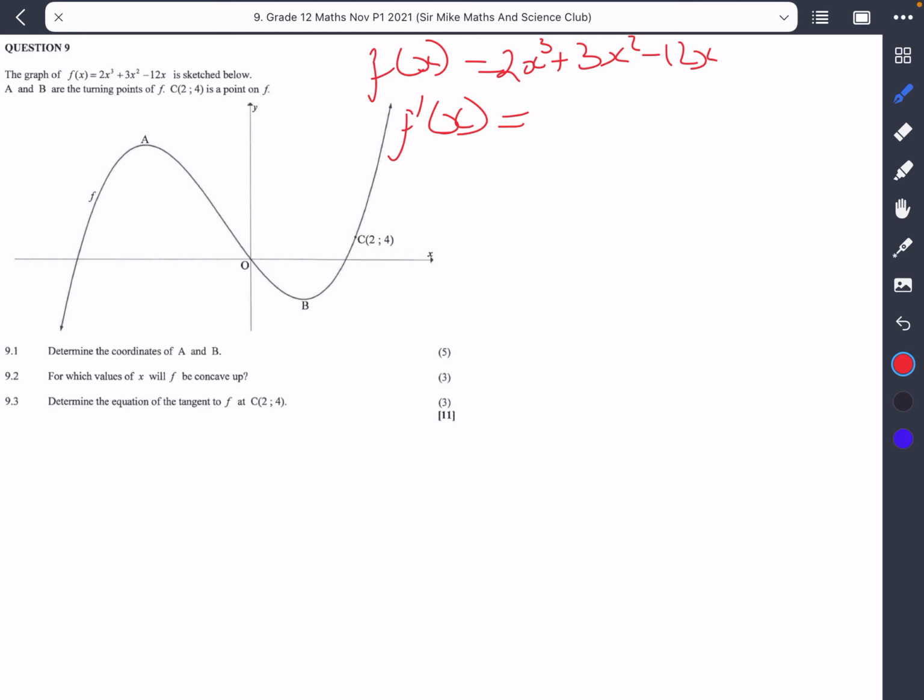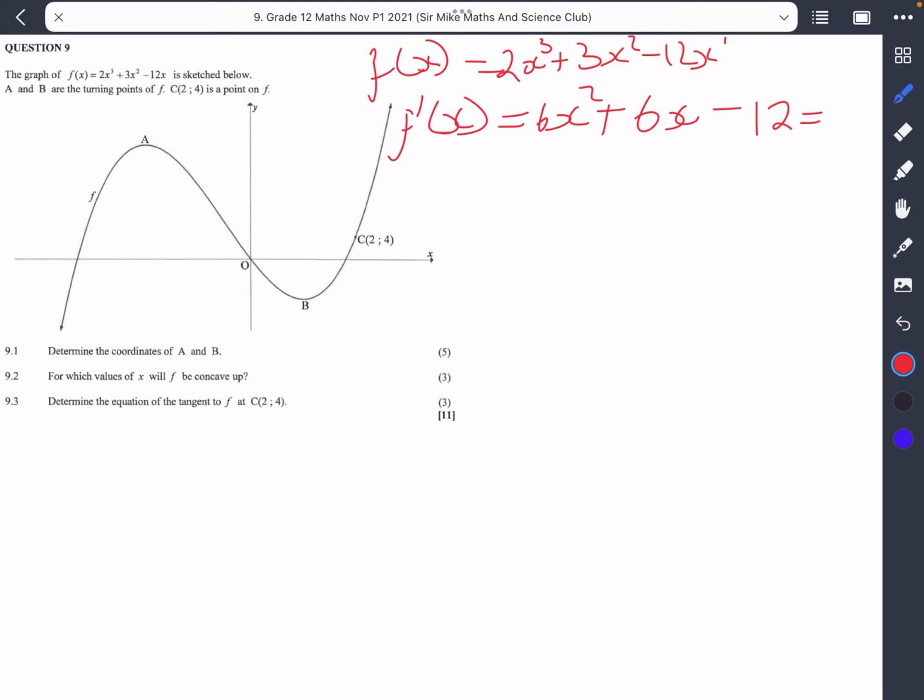For the first term, 3 multiplied by 2 gives 6, and 3 minus 1 gives 2, so 6x². Then 2 multiplied by 3 gives 6, and 2 minus 1 gives 1, so 6x. Then 1 multiplied by negative 12 is negative 12, and x to the power 0 is 1, so that is just negative 12.